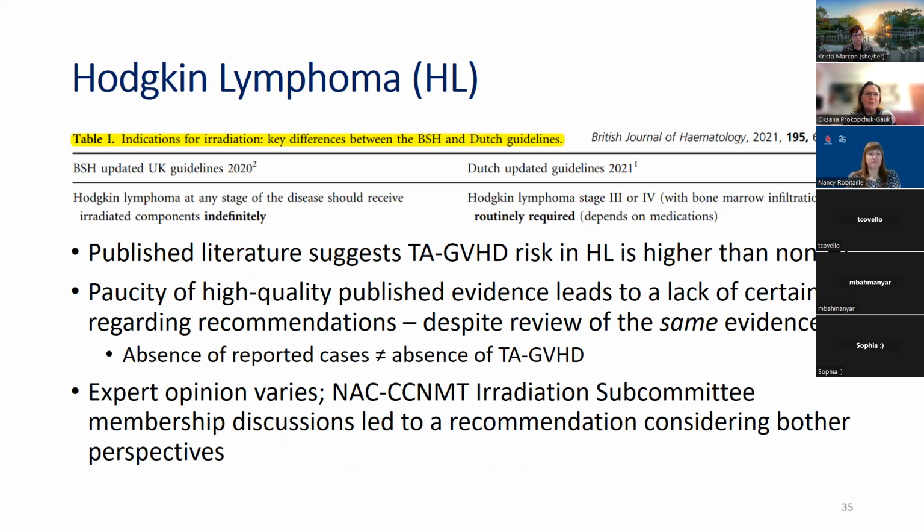The next few slides are a little bit contentious because there are some discrepancies in the two guidelines, the British and the Dutch, as they relate to Hodgkin lymphoma and then some pharmacotherapies, which we'll discuss shortly.